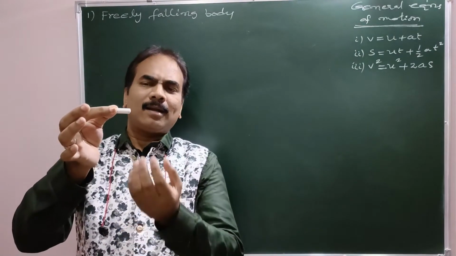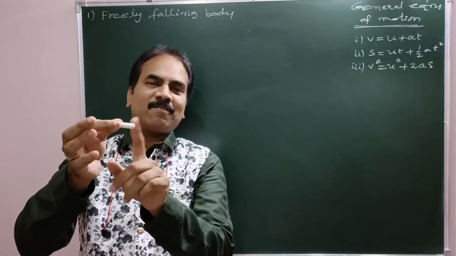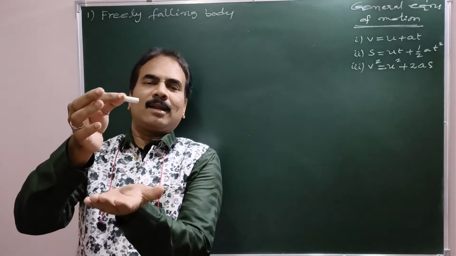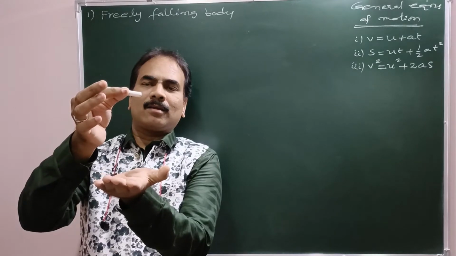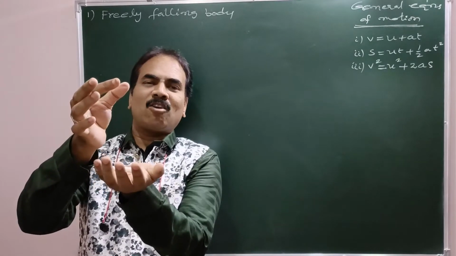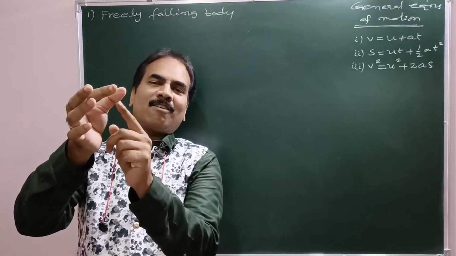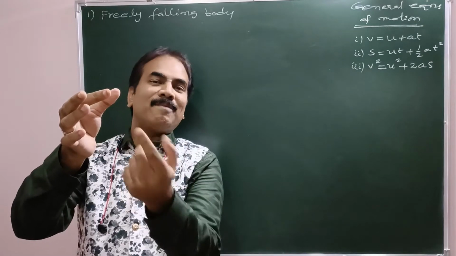At the time of releasing, the velocity of the hand becomes the initial velocity for the dropped object. At the time of dropping, I am not shaking my hand at all, I simply drop. Whatever the velocity of my hand when the body is released becomes the initial velocity.